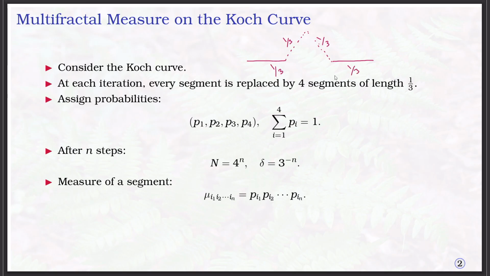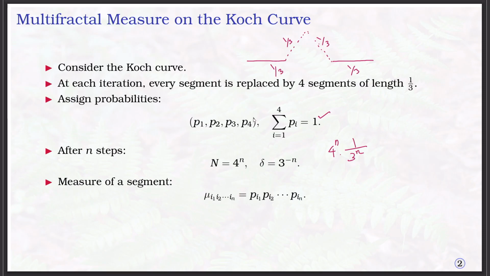Now we assign the probabilities P1, P2, P3, P4 to the segments, such that the sum of the probabilities equals 1. After the nth iteration we have 4 power n line segments, each of size 1 by 3 power n.